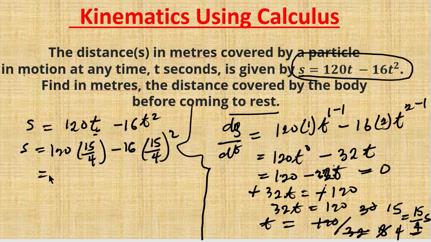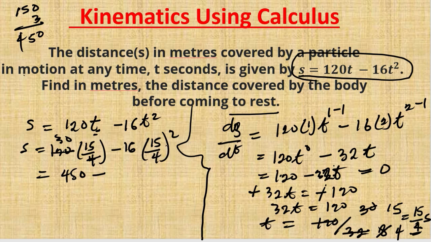So this is equal to 120, 4 into 120 is 30, that's 30 times 15, which is 450, minus.